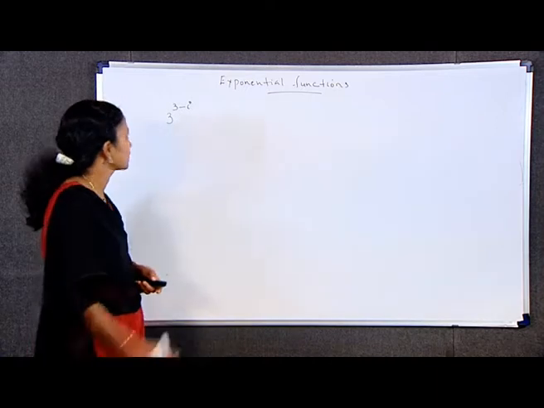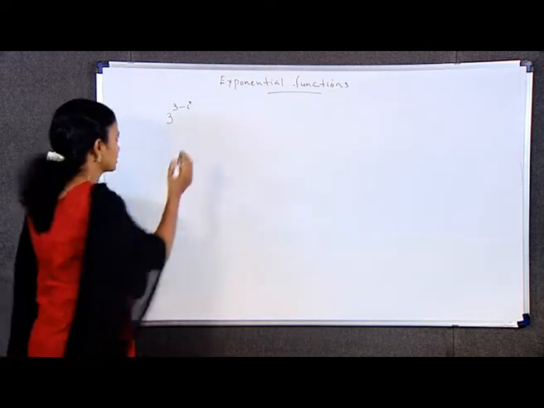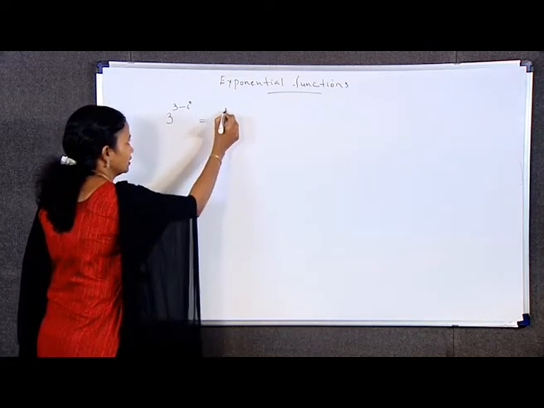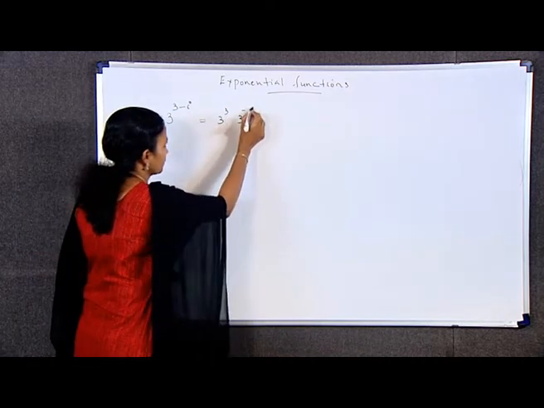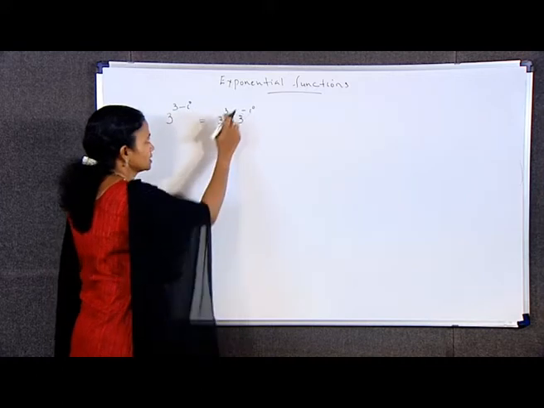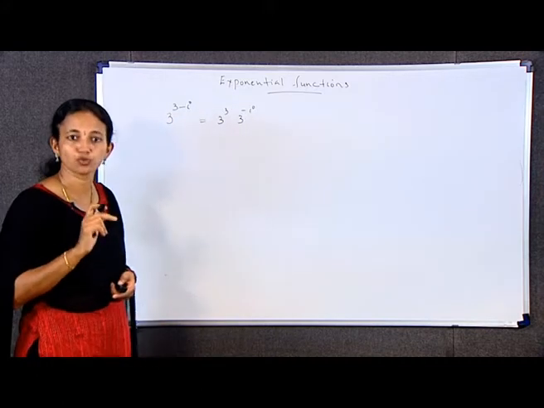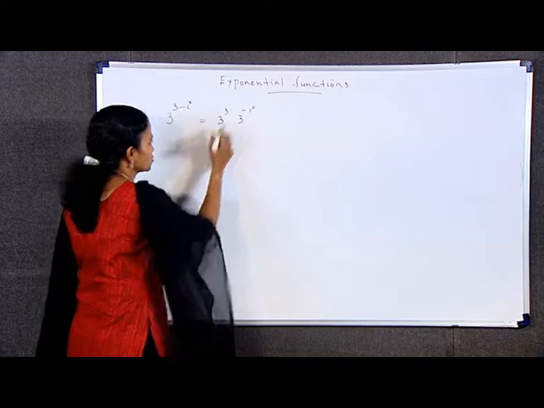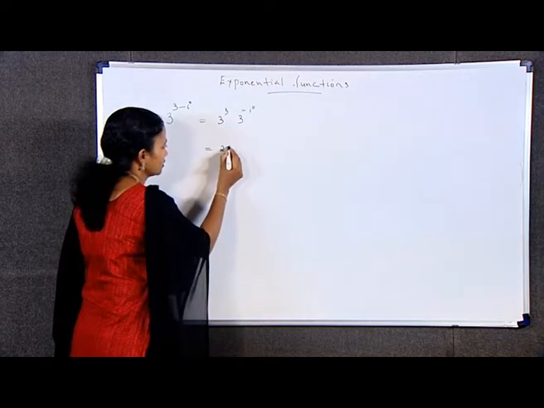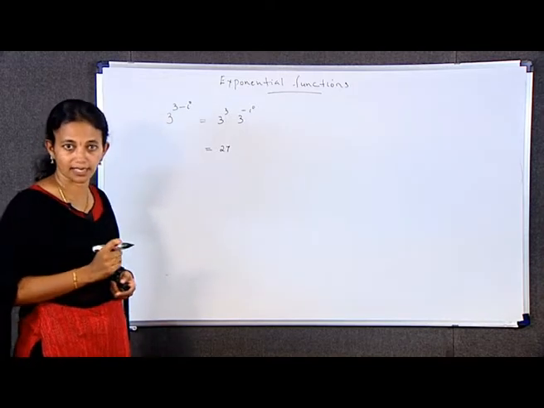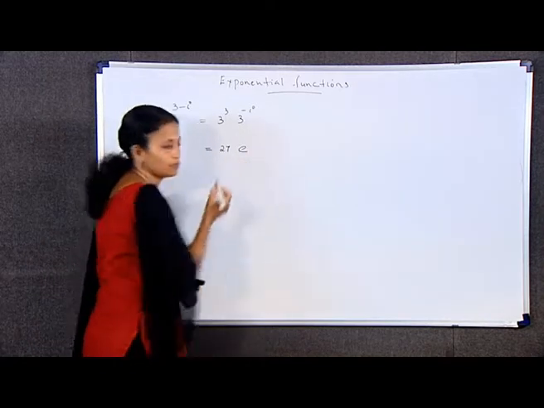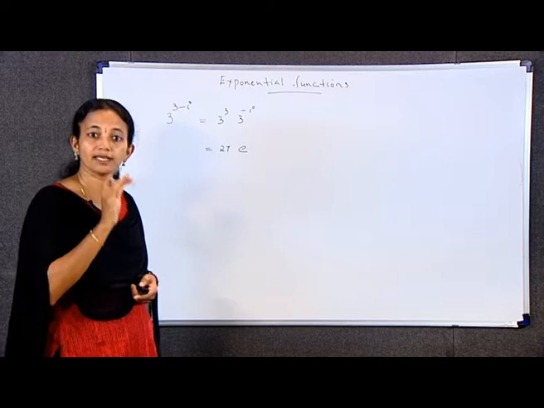I can write 3 raised to 3 minus I as 3 raised to 3 into 3 raised to minus I. That is, I am splitting this. We know 3 raised to 3 is equal to 27, into 3 raised to minus I. This I can write as e raised to minus I log 3.